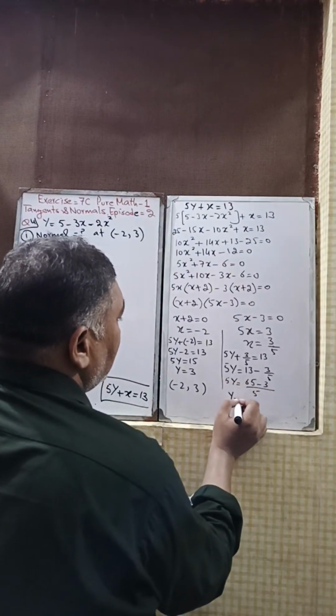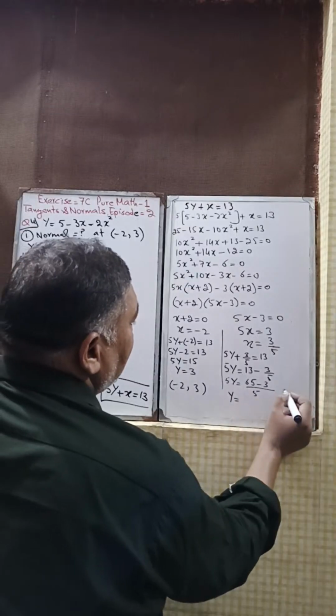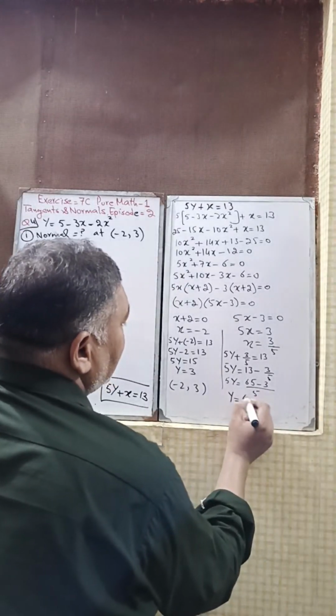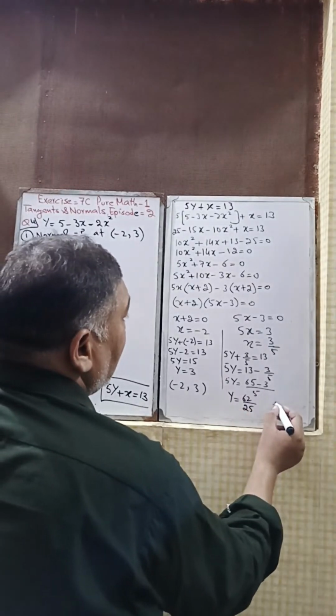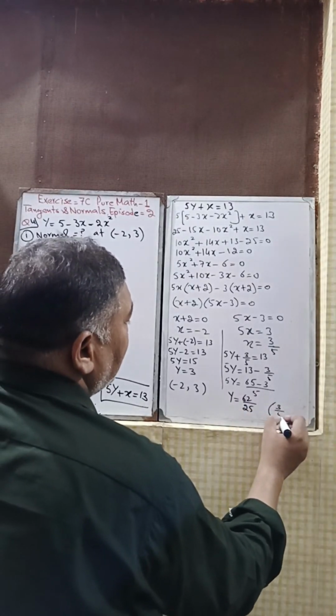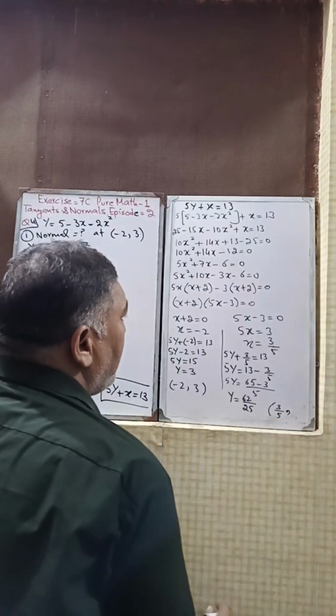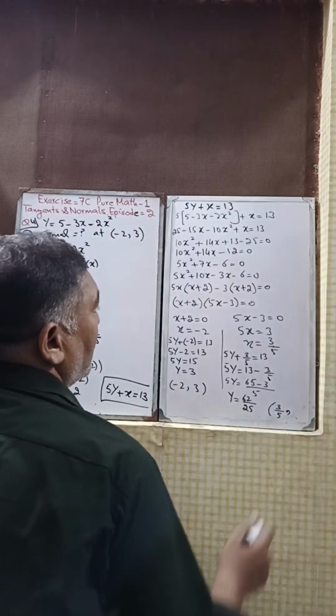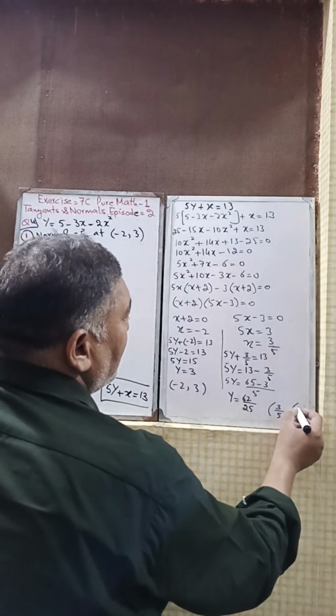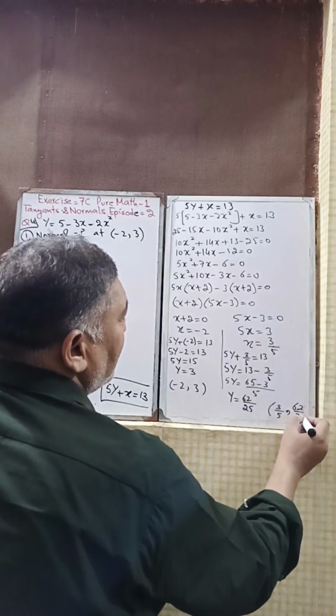So the y will be equals to 65 minus 3, that is 62 divided by the 25. So the other point will be 3 by 5, comma 62 by 25.